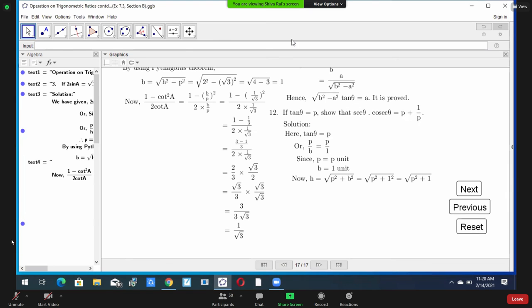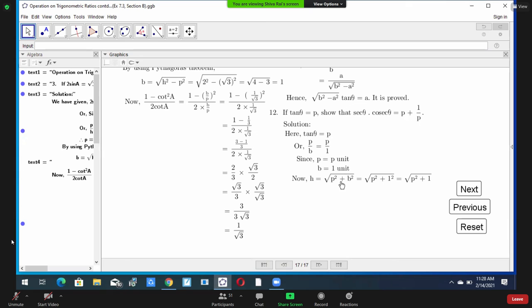Everyone look here. So here is P and B, perpendicular and base we got, but the hypotenuse is left. So how to find the hypotenuse? Already you know the Pythagorean relation.